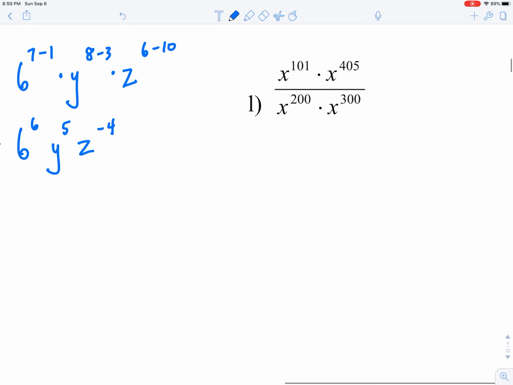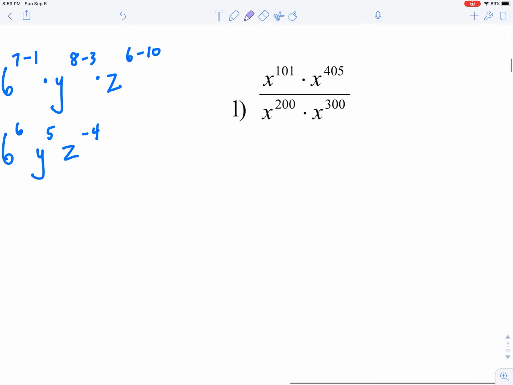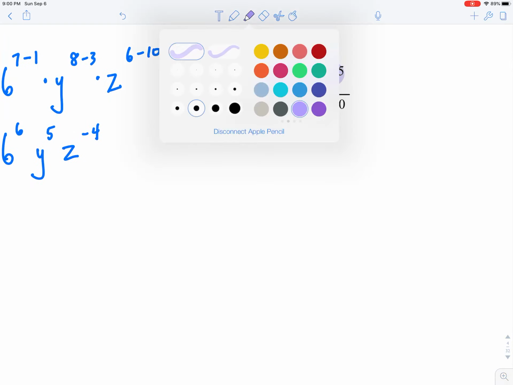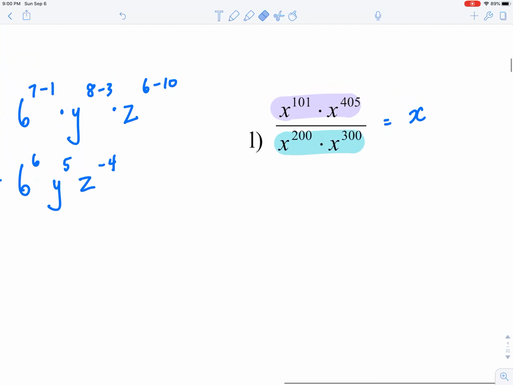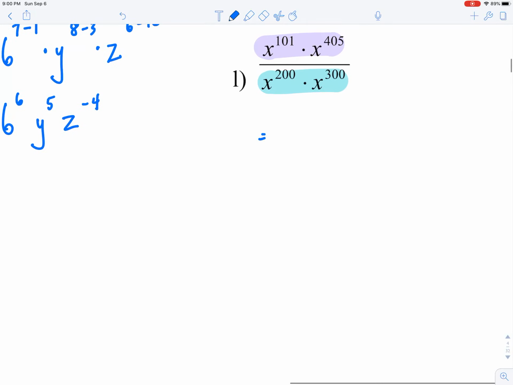L, all the same base. So here, where I've got timesing up top and timesing down below, I'm going to deal with that first and then I'll subtract them. So that's x, and I'm going to write it underneath just so that I have a little bit more space. That's going to give me up top x to the 101 plus 405.